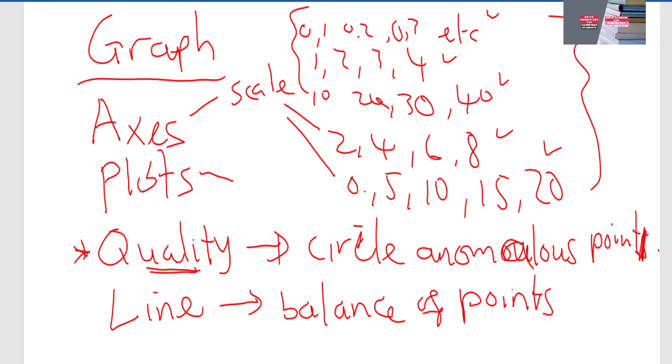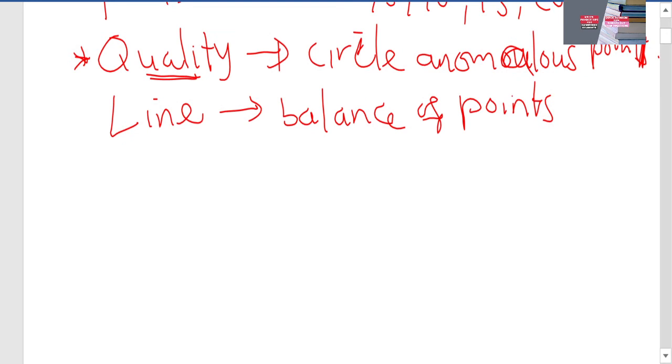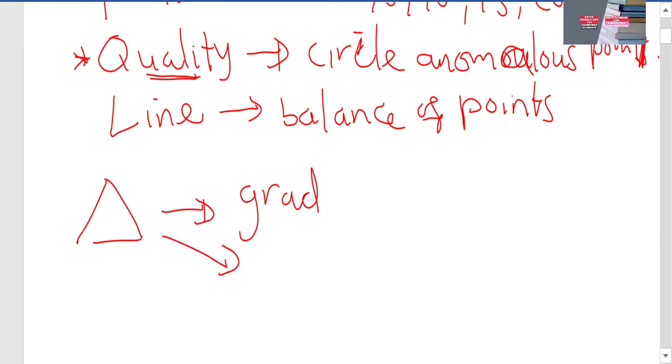Also on your graph, you should have a triangle that will allow you to calculate your gradient. This triangle must be large, occupying about 50% of the line. Very, very important.